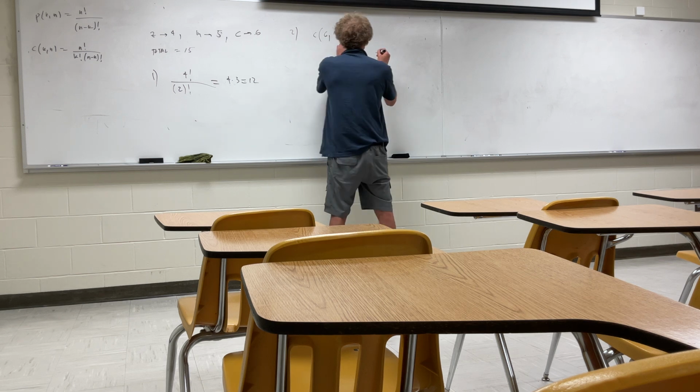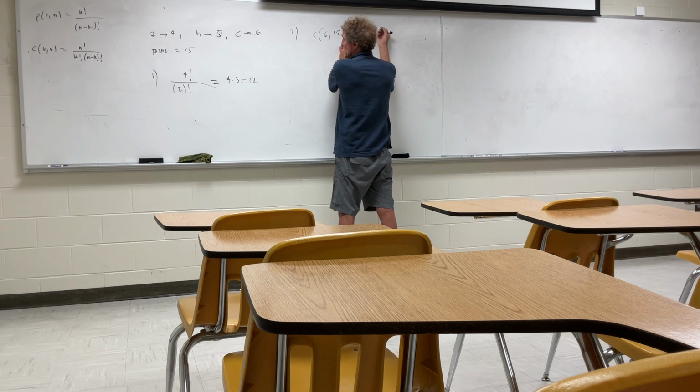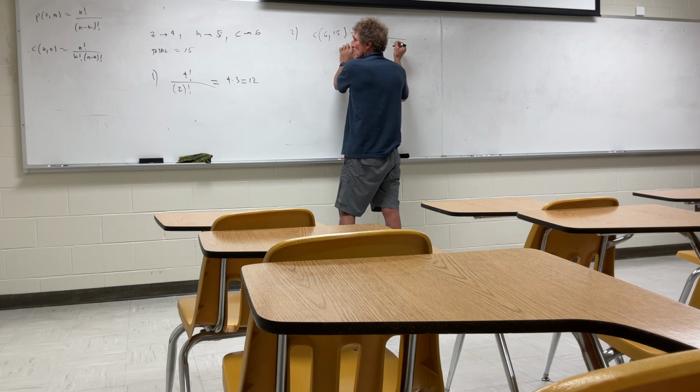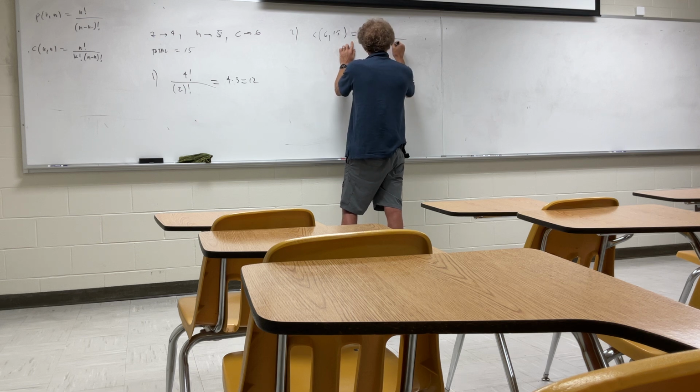Okay, for this one, since this is a combination, it's 15 factorial, you tell me if it's right, over 6 factorial times 15 minus 6, so it's 9 factorial.